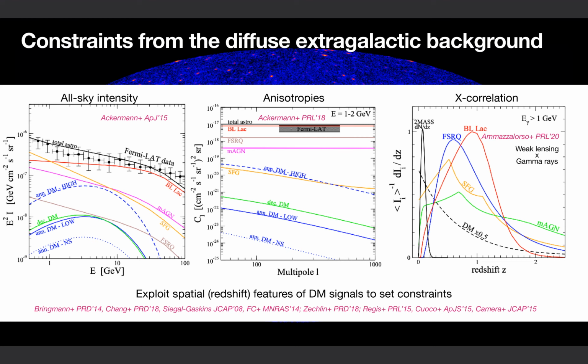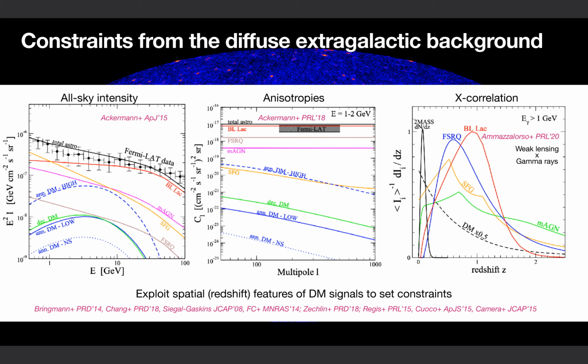If you compare with the expectation from standard astrophysical sources, where you only have a Poissonian noise, or from dark matter, you can see that you can exploit this observable to try to first detect and then constrain dark matter.